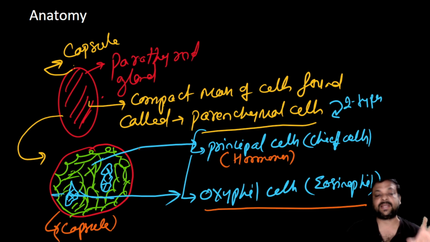The principal cells help in synthesis of the hormone called parathormone.